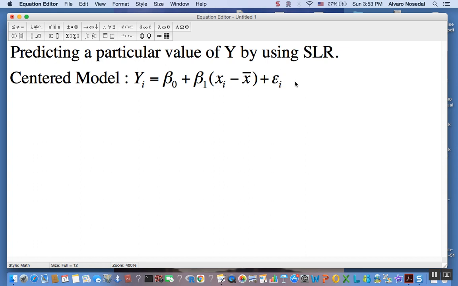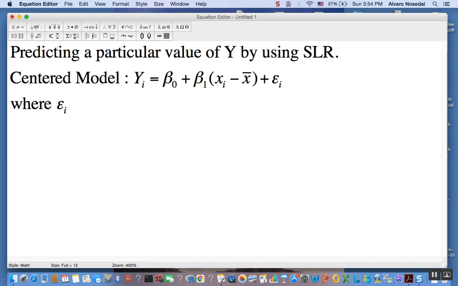But I think the derivation using this centered model is easier, and you can take a look at our textbook and you'll see it will be similar to what we're going to be doing here together. Now let me remind you what our assumptions about the error are.